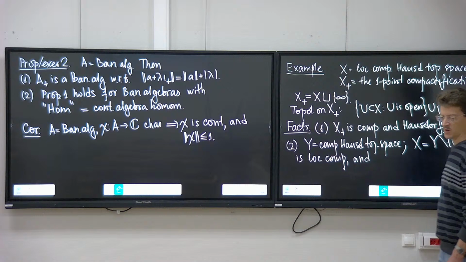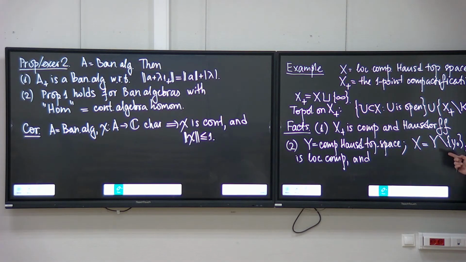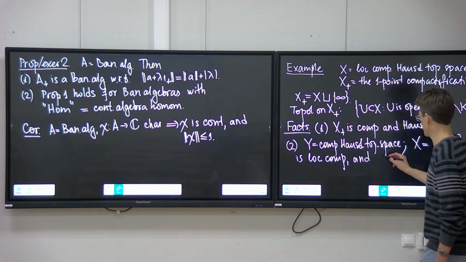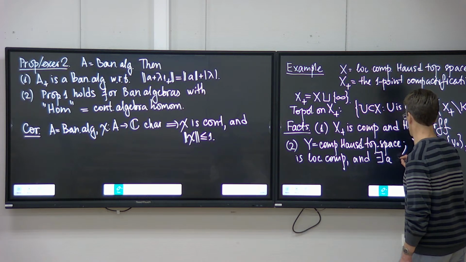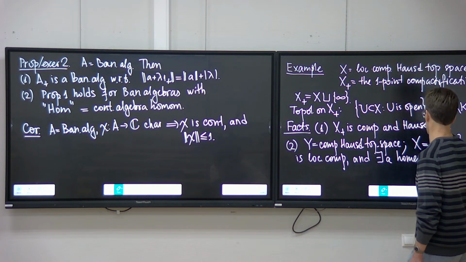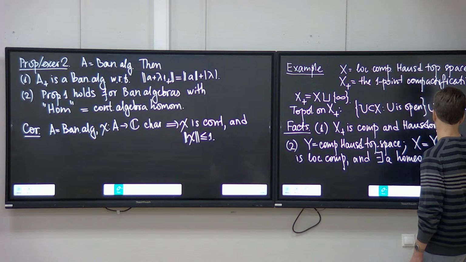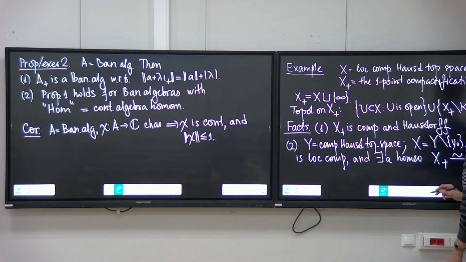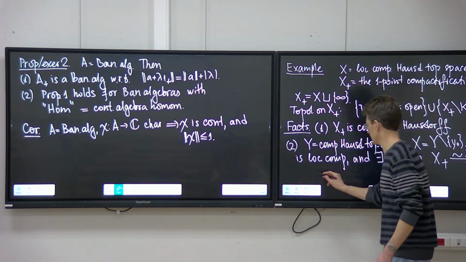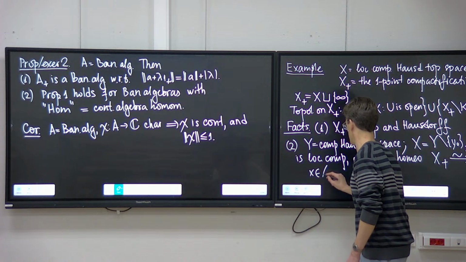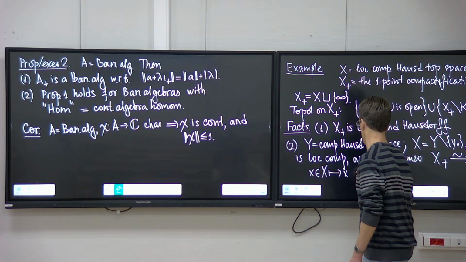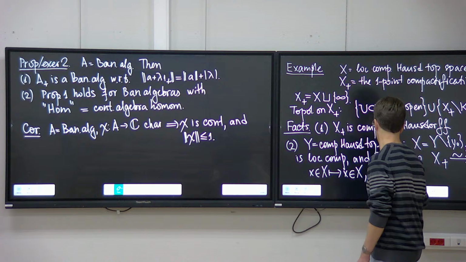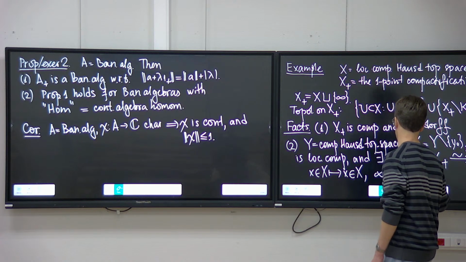And we have a homeomorphism from the one-point compactification X plus to Y, which takes every point in X to itself, and infinity goes to Y0.